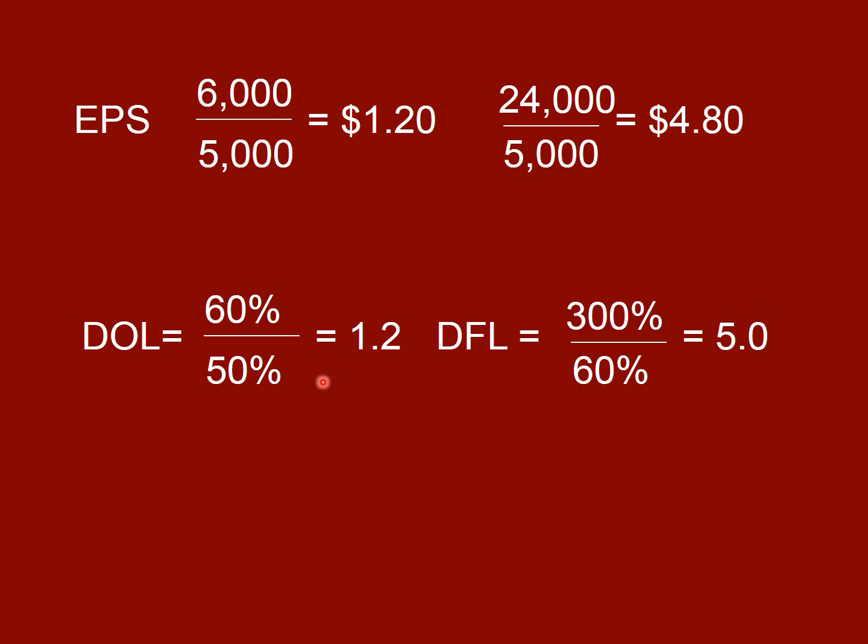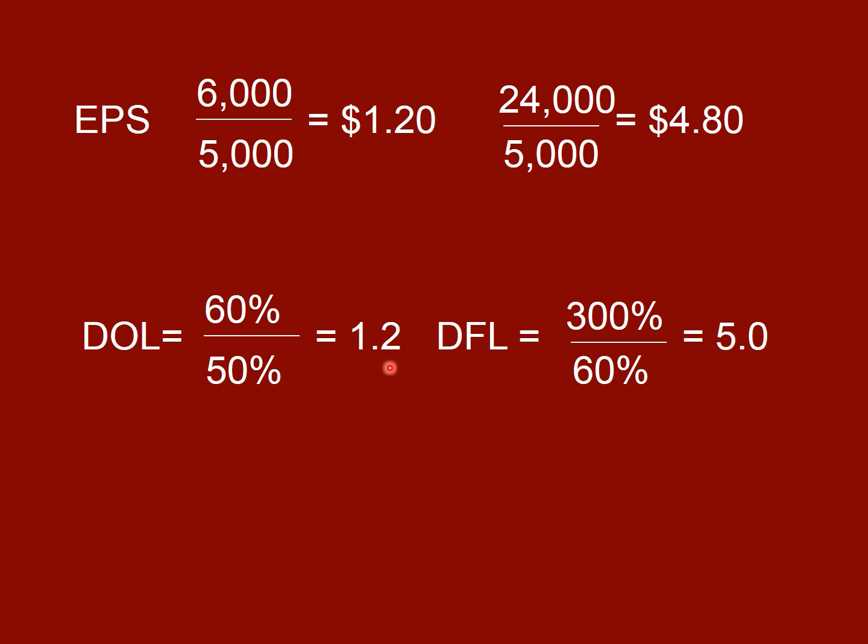It's interesting to look at the DOL, because if you go back to the previous slide, you'll see that a 50% change in sales caused a 60% change in EBIT. You can compute that by going back and looking at the change in EBIT in our example. So notice it's just barely above 1.